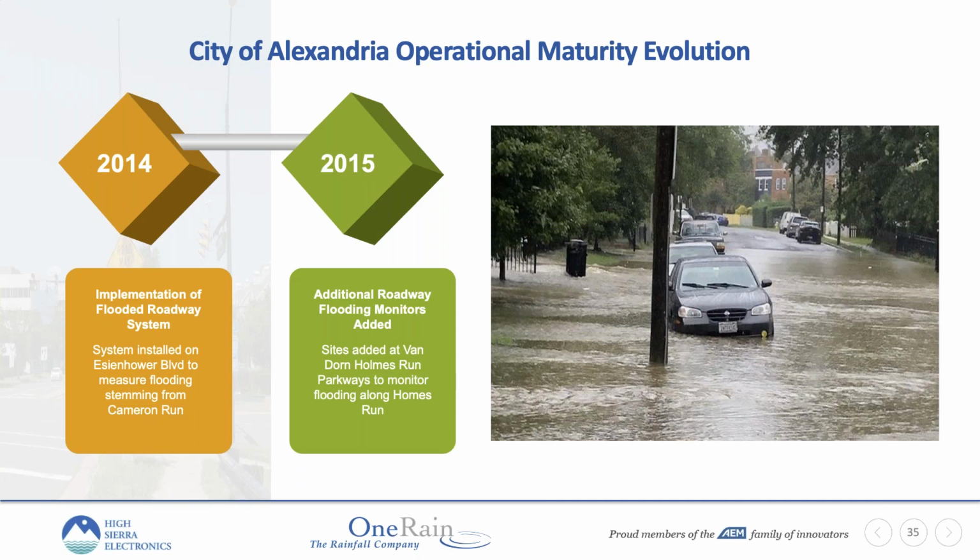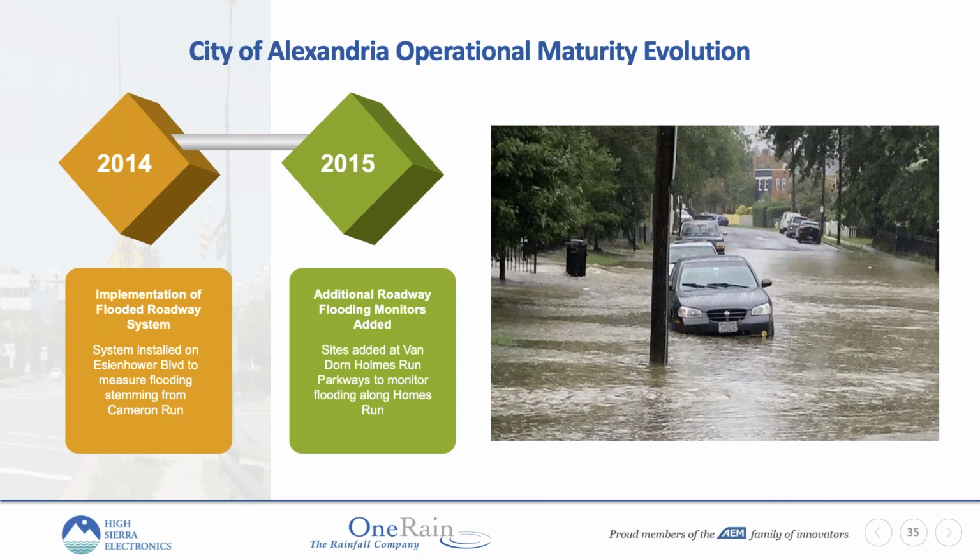Those two bodies of water come together to form Cameron Run. Having a proactive heads up, seeing a rapid water rise on those little streams, they can anticipate that the road's going to close off, and maybe turn the systems on if it's a giant flash flood event. It's really fast moving water. So they added sites there.